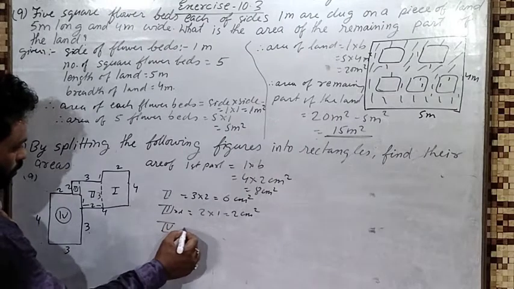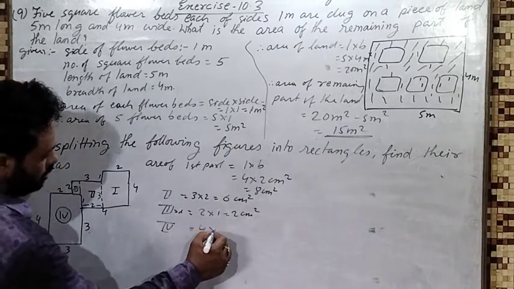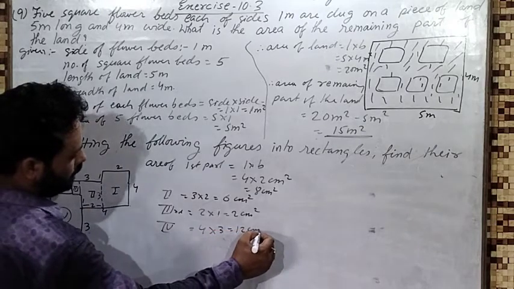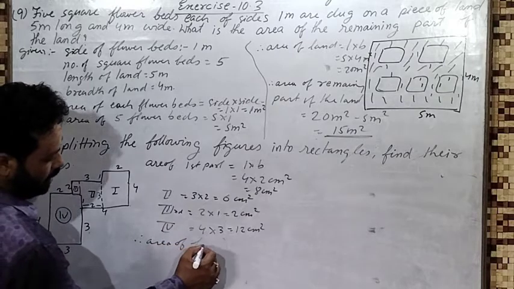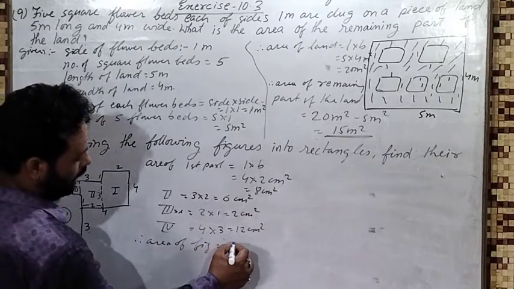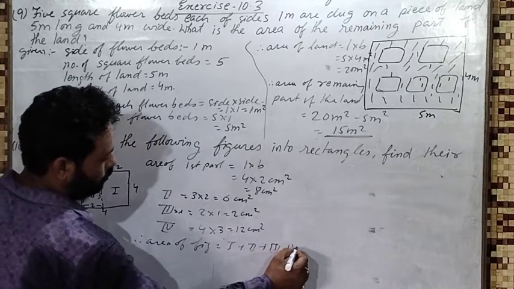And last, fourth area will be 4 into 3, 12 centimeter square. Therefore area of figure is equal to the area of first plus second plus third plus fourth.